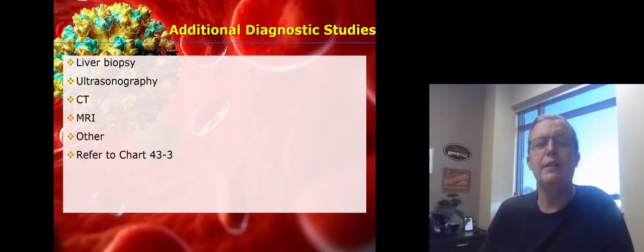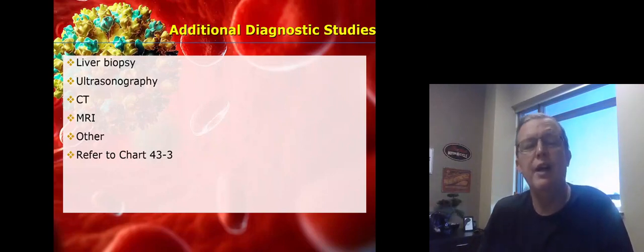Now, MRI gets a little more granular and more specific because it's really good at looking at soft tissues, and it may be able to give us a little more detail, non-invasively. And of course, CT and MRI we can both do with contrast to help further augment that visualization.